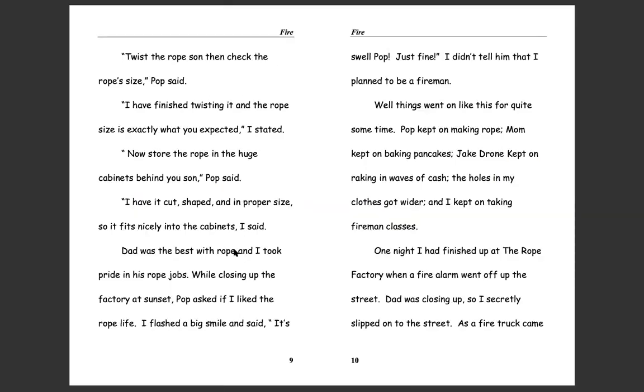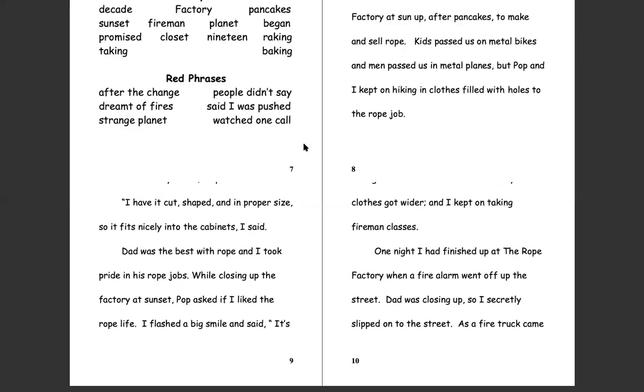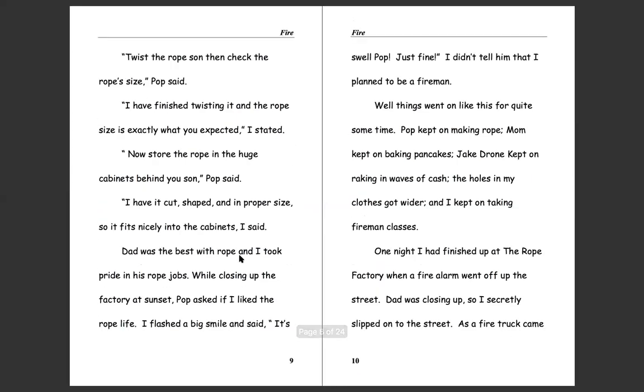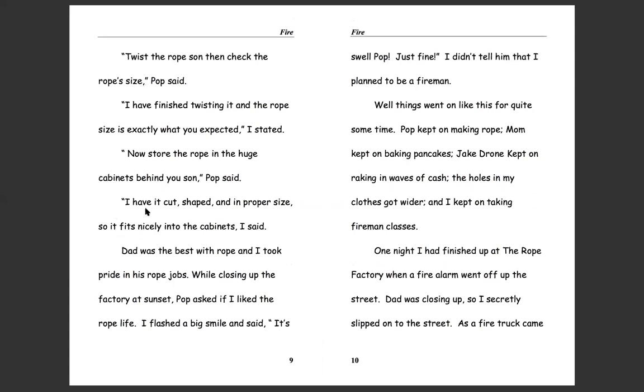Exactly. Okay, so let's go to our book. I think we were over here. Yeah. Okay. Do you remember what they were talking about?